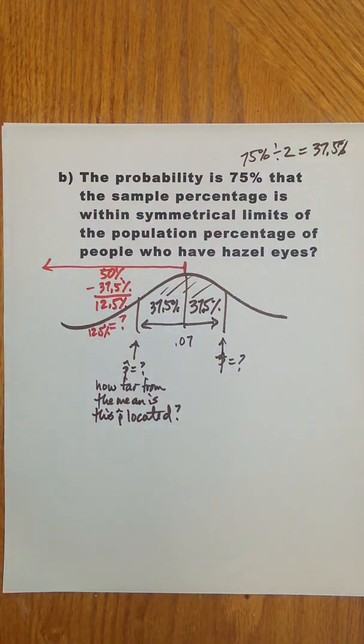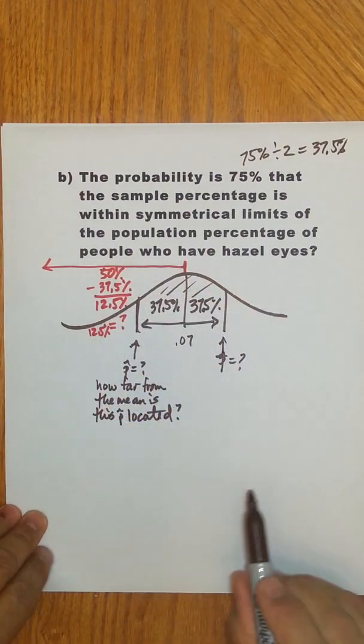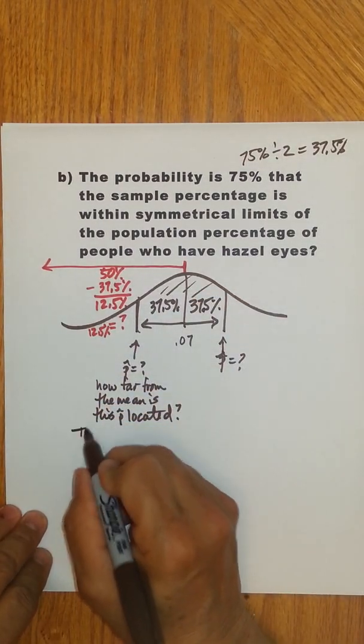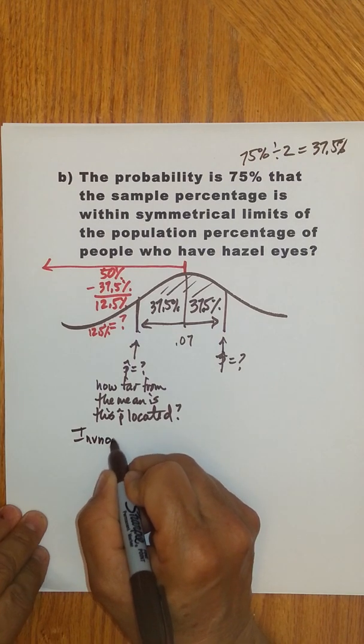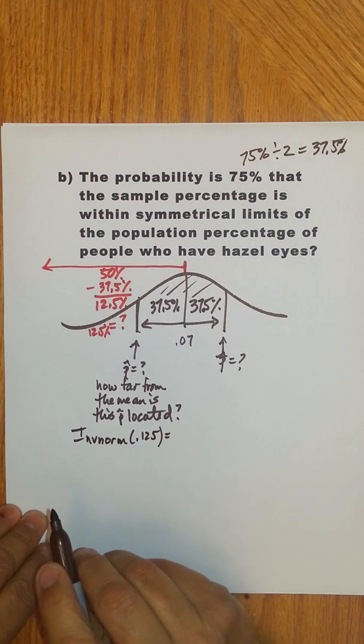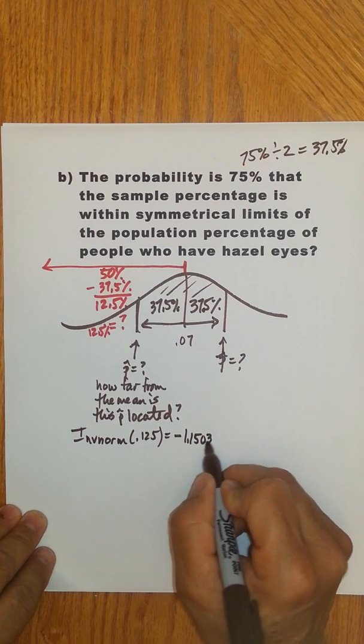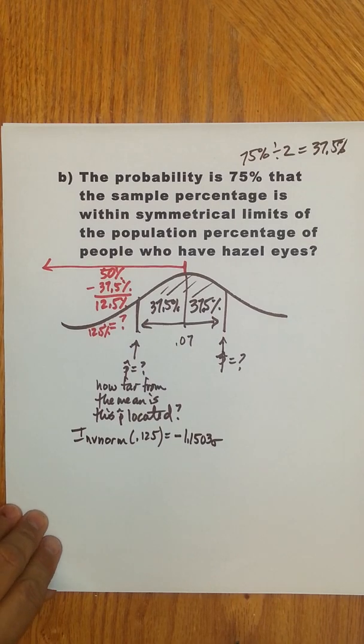That means that the area to the left of this position is 12.5%. And so now I want to find the Invnorm of 12.5%. That'll give me the z-score that I'm looking for. And I get negative 1.1503 standard deviations from the mean.